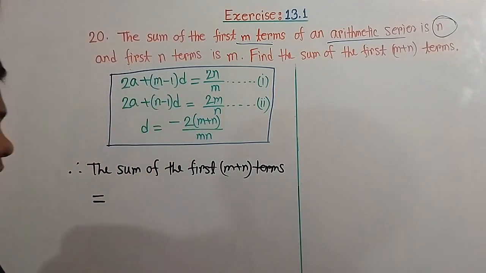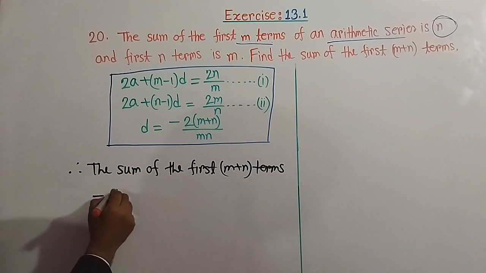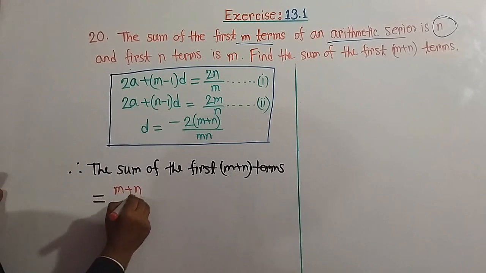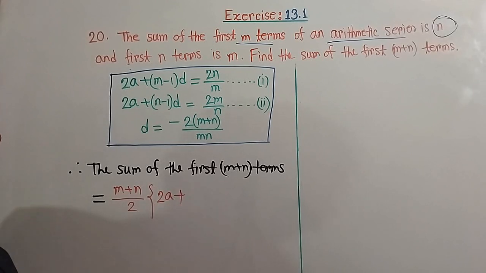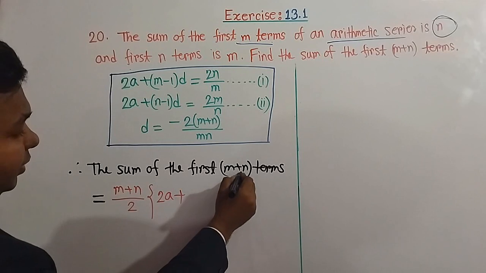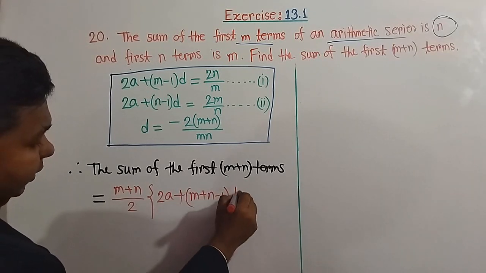Here n is the number of terms, and the number of terms is m plus n, so we write m plus n by 2 into 2a plus m plus n minus 1 into d.